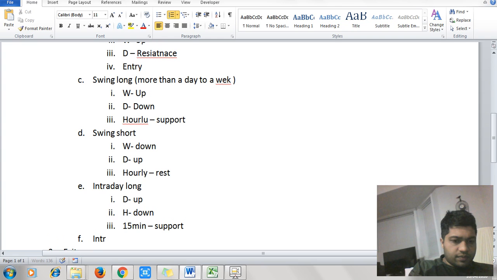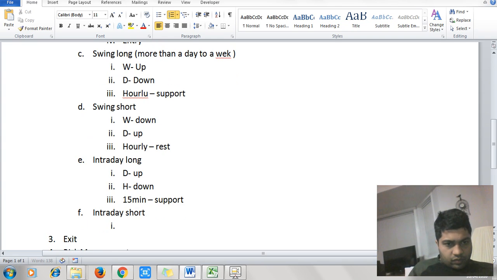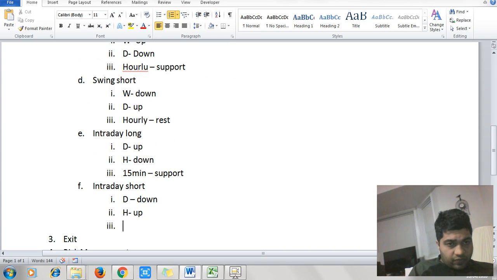Intraday short: daily it should be down, hourly it should be up, and on the 15 minute chart you look for a resistance.